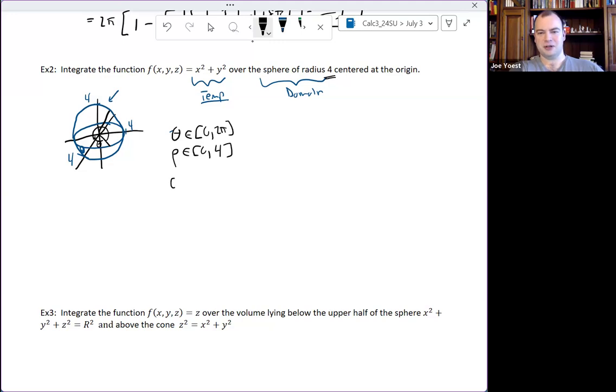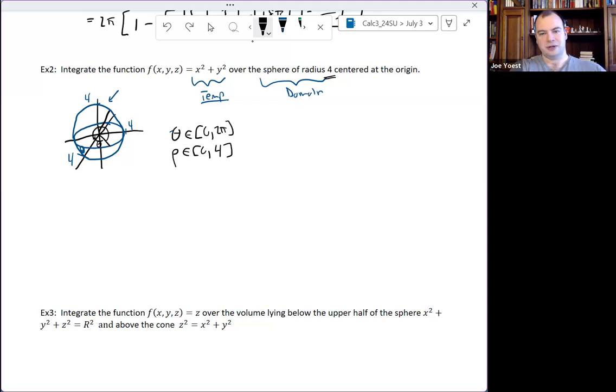I might be tempted to say, okay, phi also goes all the way around, so maybe phi goes from 0 to 2 pi. But we really have to think about, if I want to trace out this 3D shape, how am I going to do that?